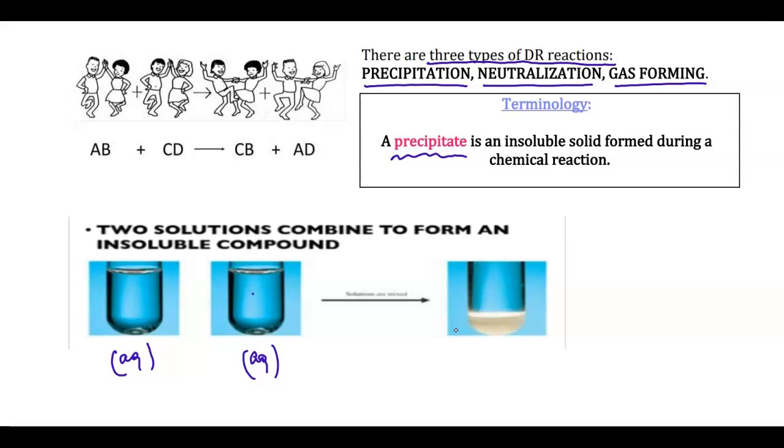But when one solution is added to another one, we immediately see the result that something is happening here. This is a precipitate. A precipitate is an insoluble solid formed during a chemical reaction. Okay.